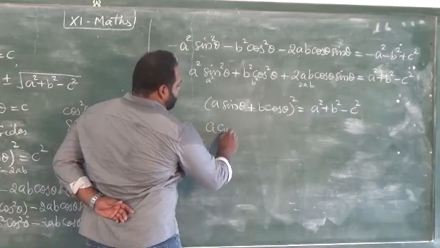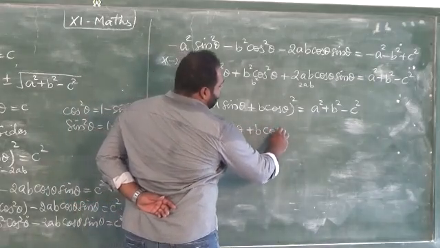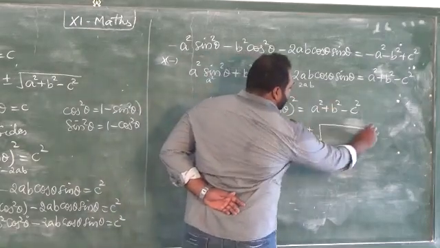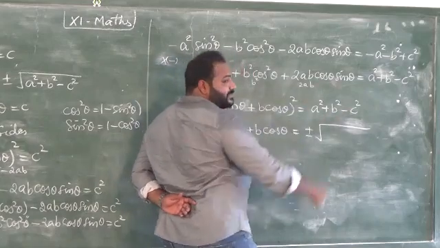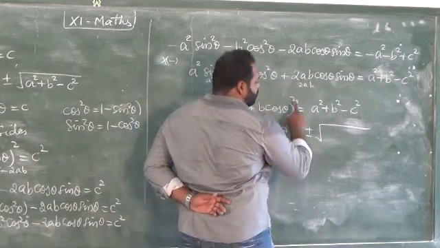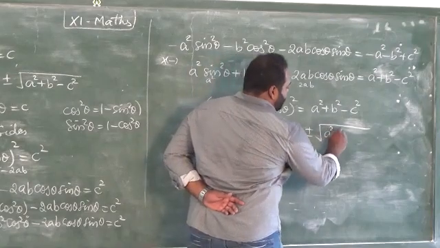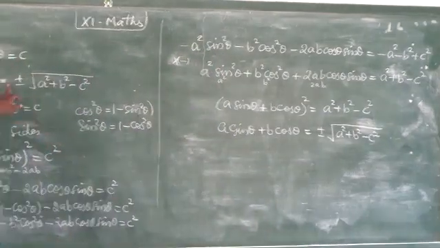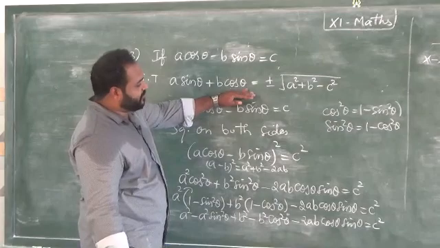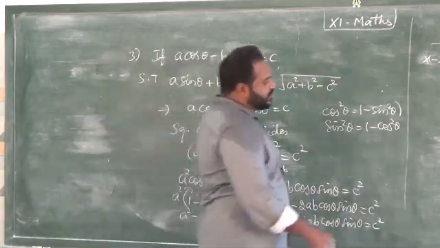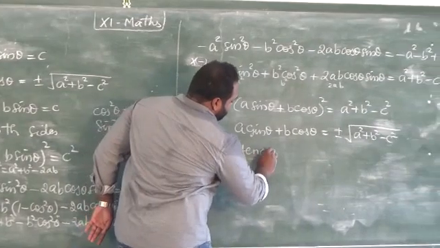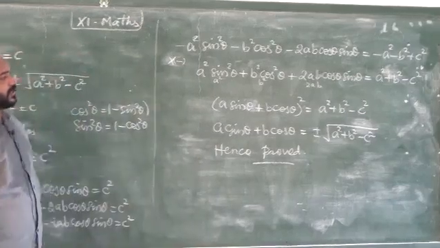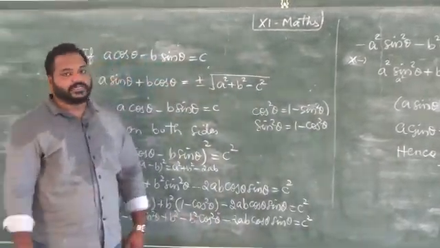So A sin theta plus B cos theta equals, if I take the square root this side, plus or minus root of A square plus B square minus C square, which is what we wanted to prove here. This answer we got using the given. So by this we can say, hence proved. By this problem we conclude today's class. We will see the remaining problems in the next class. Thank you.